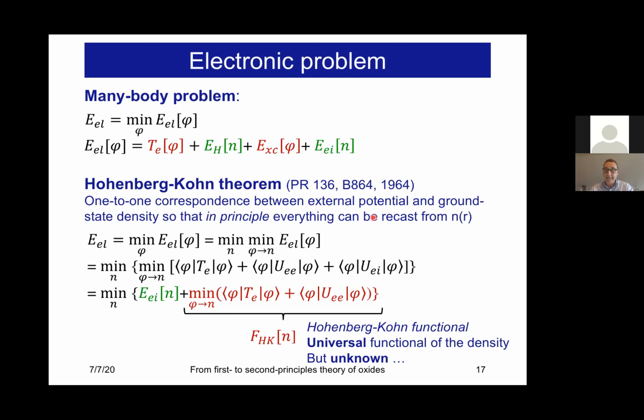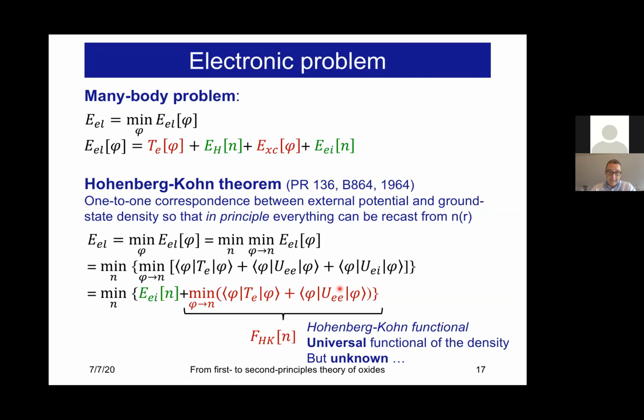And basically here, this object is much simpler than the many-body wave function. The many-body wave function depends simultaneously on the position of all the electrons everywhere. This density n of r is just something that is defined by a scalar quantity in each position in space. So that would be a great thing if we could express everything in terms of this simple object. And that's basically the key point of density functional theory.